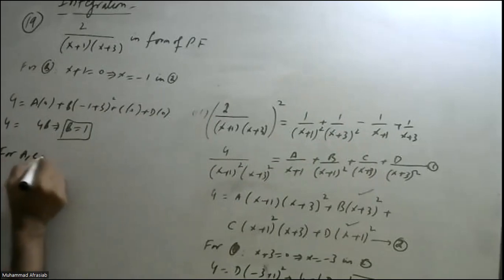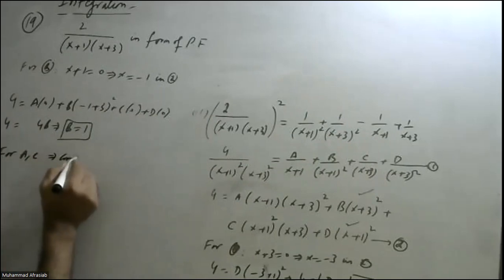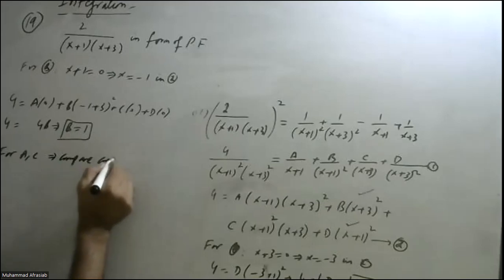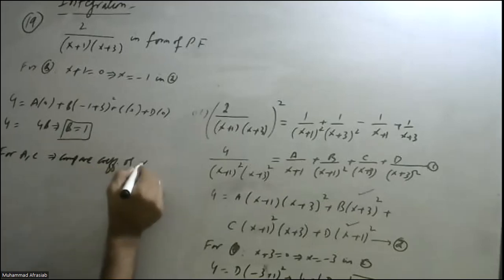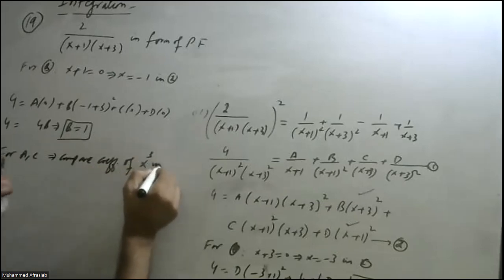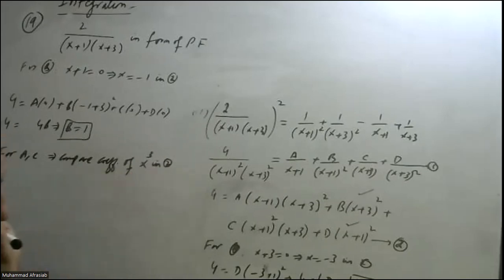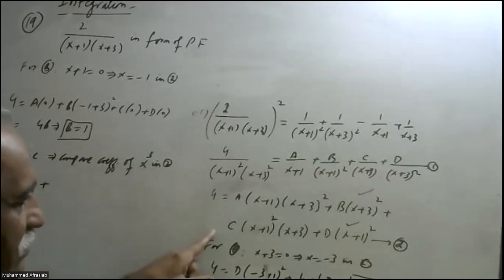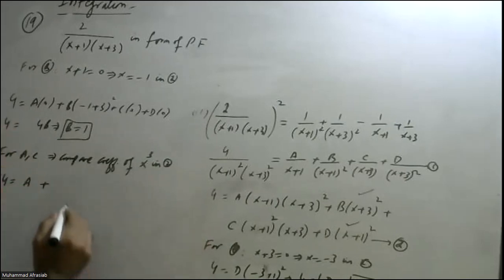For a and c, compare the coefficient of x cube. So 4 is equal to a for the coefficient of x cube, a plus c.